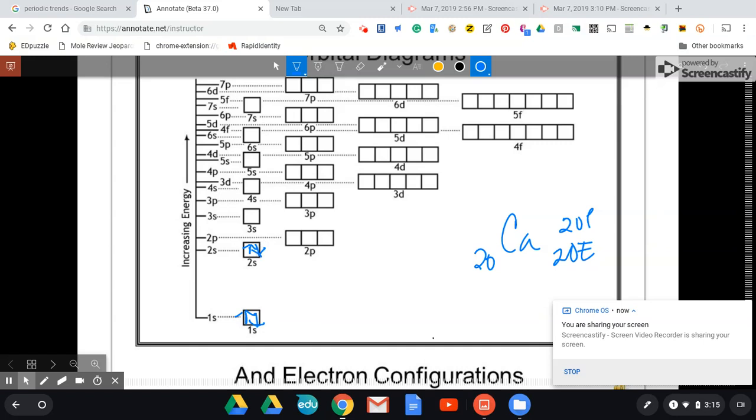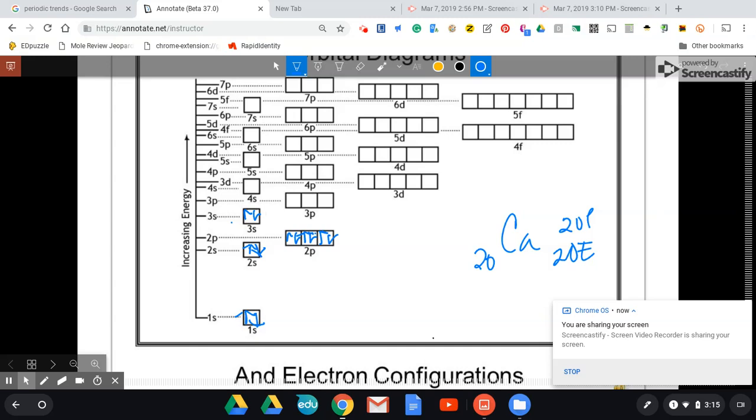Okay. So from 1s, I go to 2s. Notice I put both arrows. Then I go to 2s and 2p. All right, follow your staircase. Now I'm at 3s. So I need both arrows, because look, right now I've got 6, 8, 10, 12 electrons, and I need to get to 20.